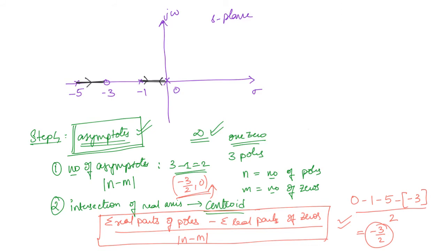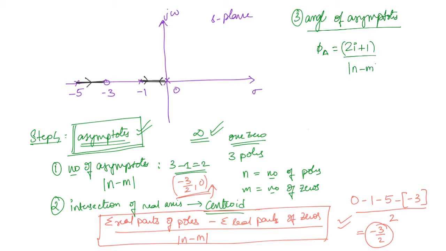Now we have two asymptotes, and these two asymptotes meet at the centroid. The next question is, what is the angle of these asymptotes? This angle is given by phi a is equal to (2i plus 1) divided by mod of n minus m, into 180 degrees. This is the angle of asymptotes. What is i here? i will vary from 0 to mod of n minus m minus 1, that is 0, 1, 2 and so on till mod of n minus m minus 1.